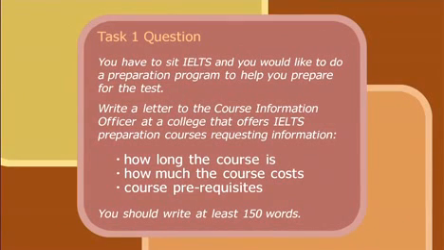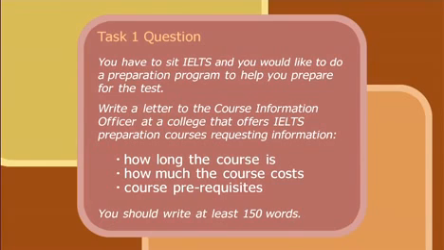You have to sit IELTS and you would like to do a preparation program to help you prepare for the test. Write a letter to the Course Information Officer at a college that offers IELTS preparation courses requesting information. How long the course is, how much the course costs, course prerequisites. You should write at least 150 words.